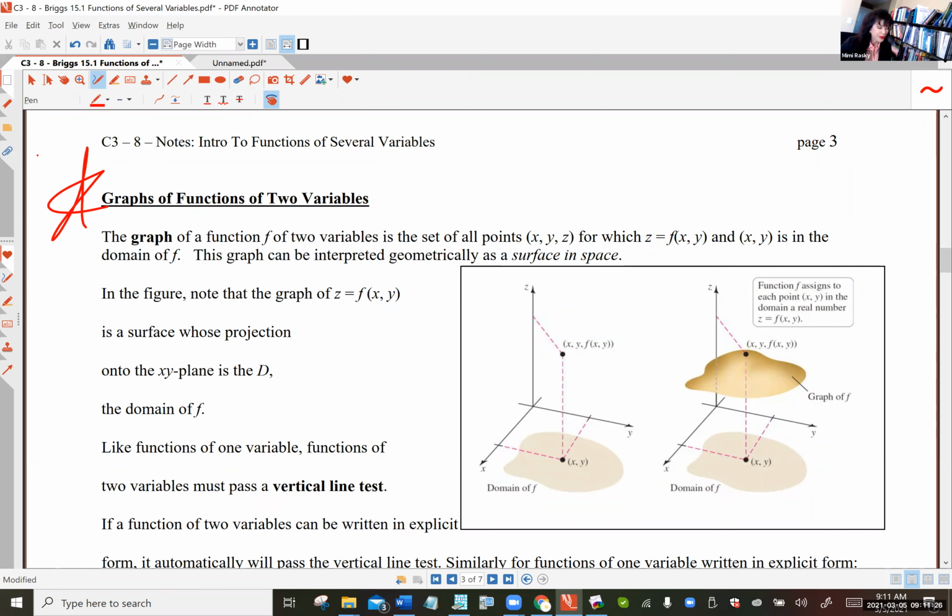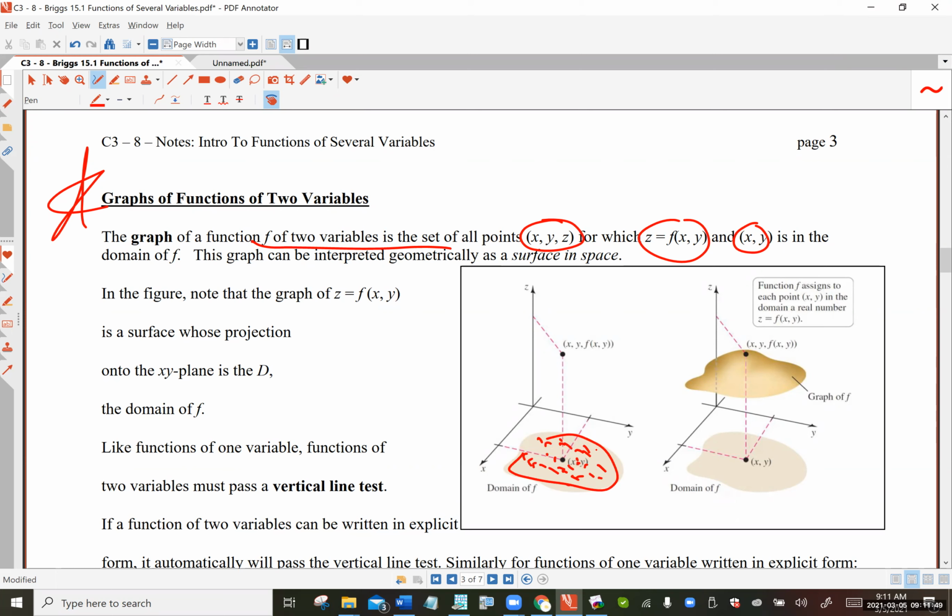So here we go. Graphs of functions in 2 variables. The graph of a function of 2 variables is the set of all ordered triples for which z equals f of x y, and the points are in the domain. Here are the points in the domain, in 2D. You feed it a point here in 2D, and it gives you an altitude.